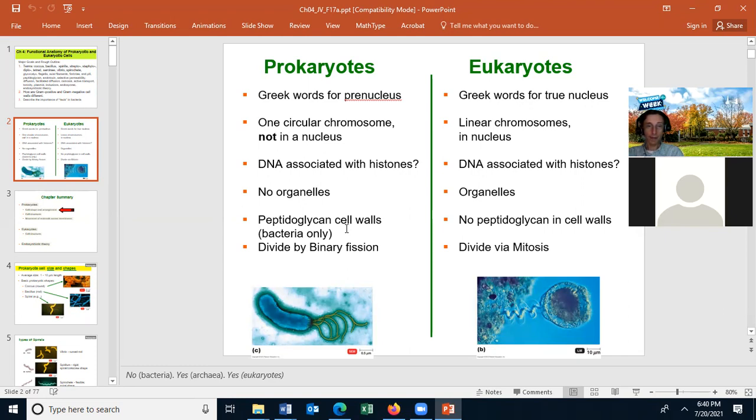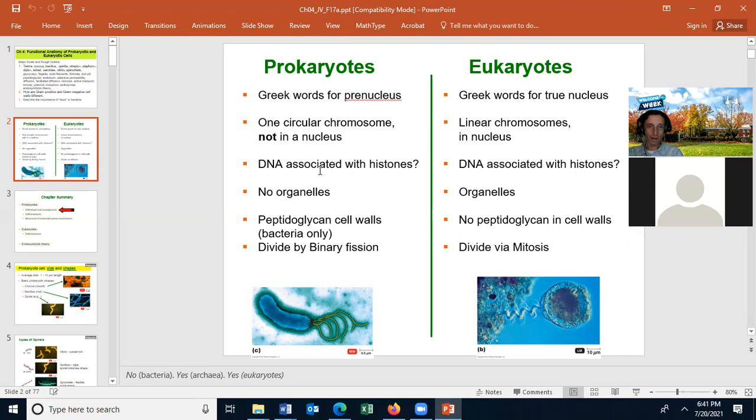Prokaryotes have peptidoglycan. Well, I should say the bacteria have peptidoglycan in their cell walls, and the eukaryotes have no peptidoglycan in their cell walls. Why I'm making the distinction is that the archaea also don't have peptidoglycan, and you don't really need to know that.